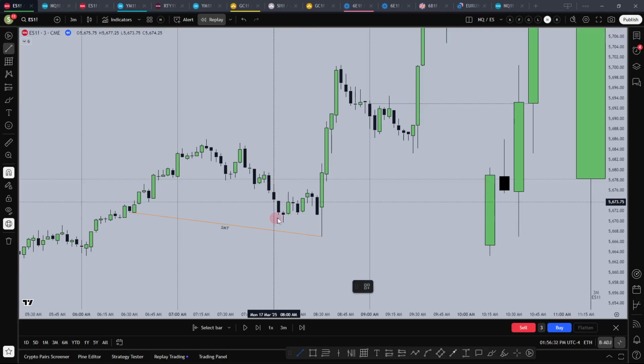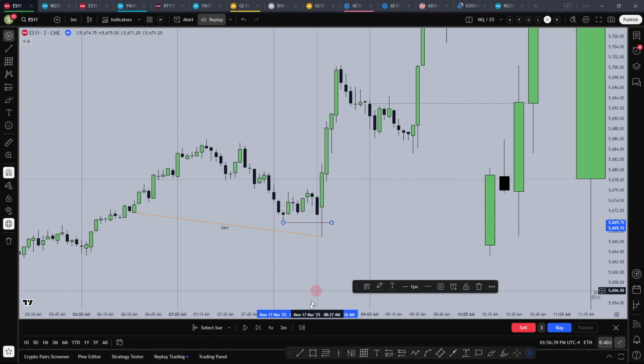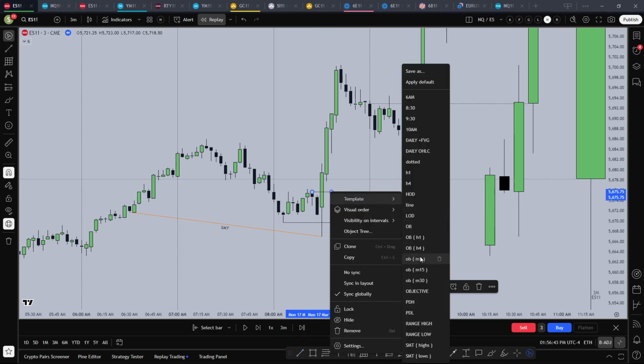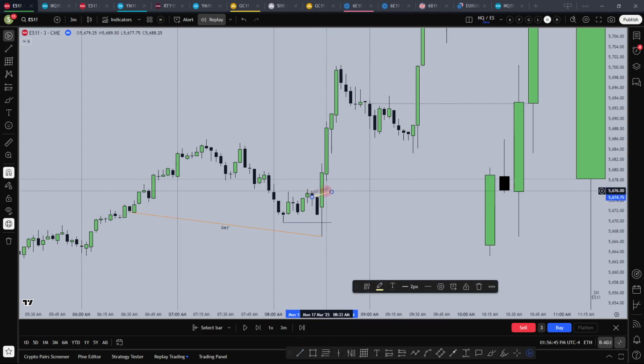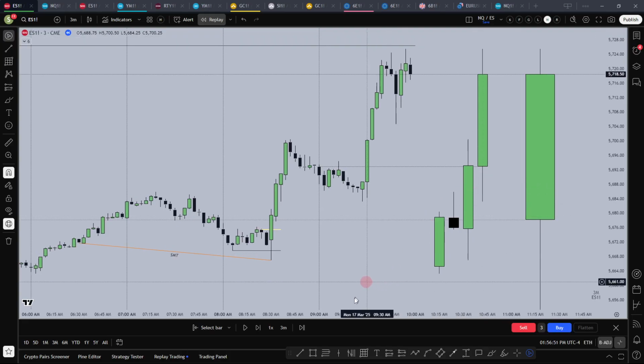I can see a clear sweep of an opposing swing, and 8:30 news driver forming an opposing candle there, closing over here. So taking this entry towards that swing, daily swing.